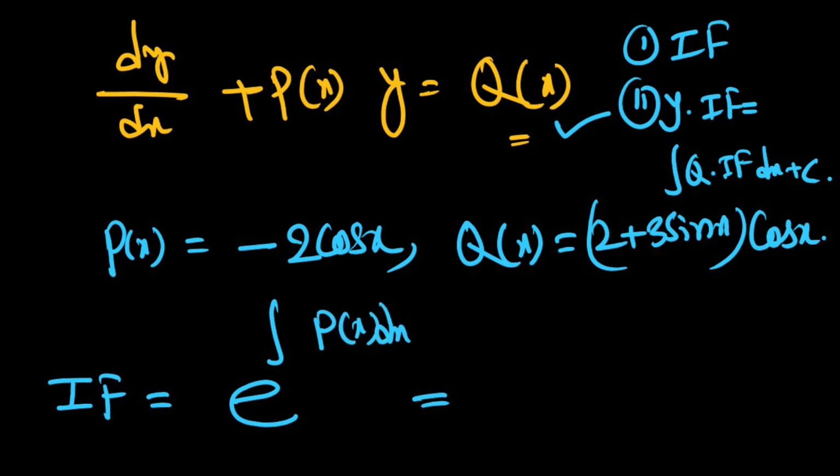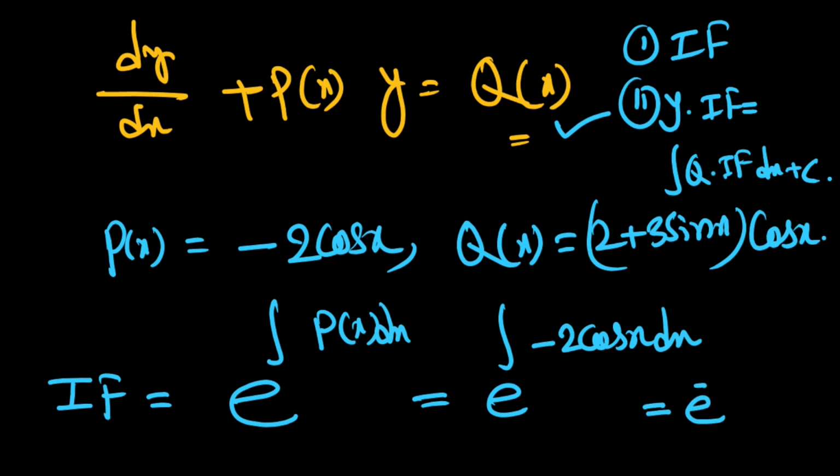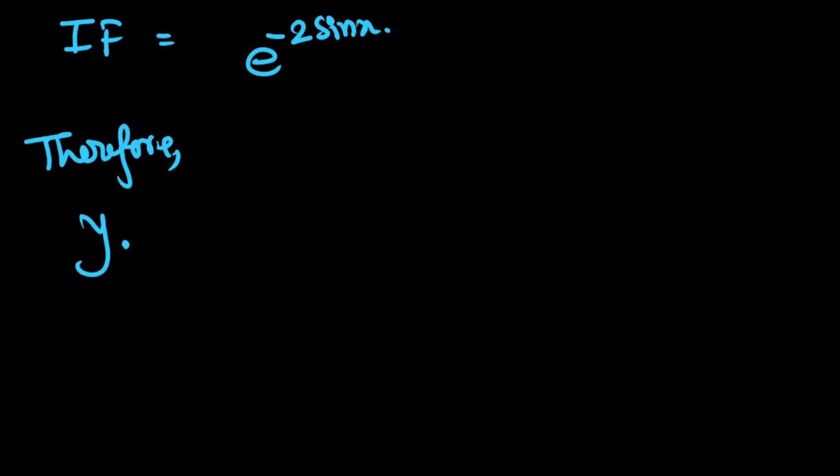Put the value here: p of x is equal to minus 2 cos x. So this implies integration gives minus 2 sin x. Therefore we obtain the integrating factor is equal to e to the power minus 2 sin x.